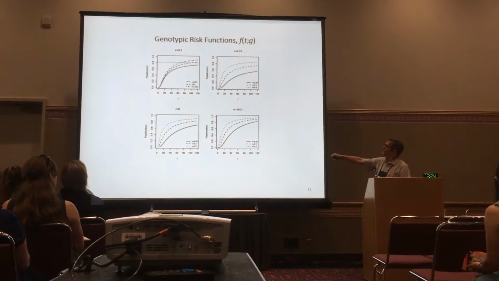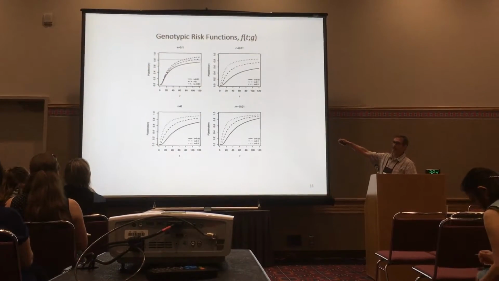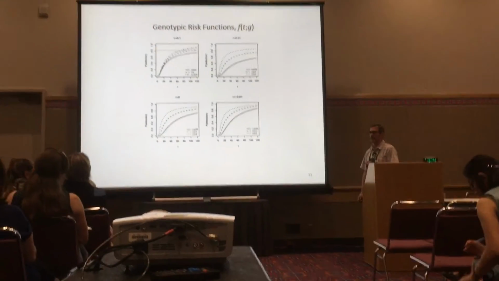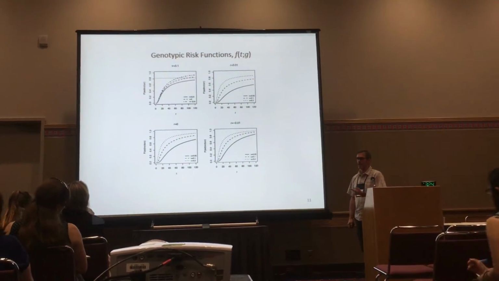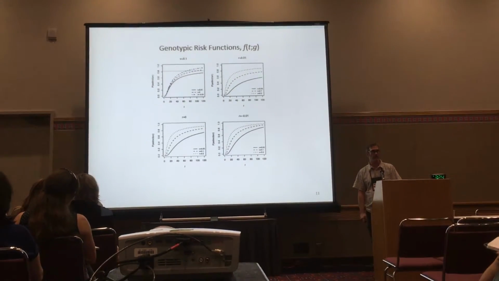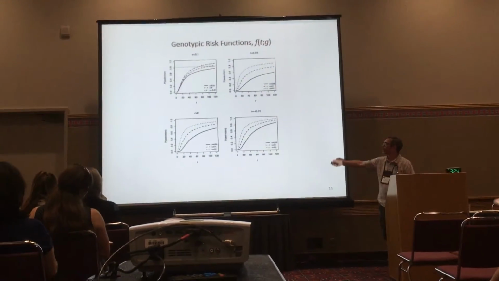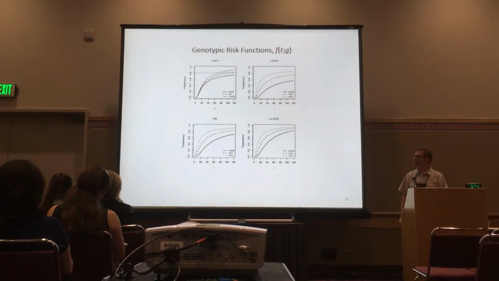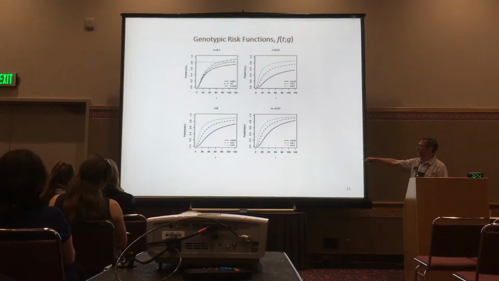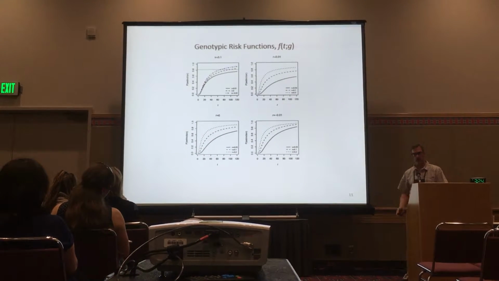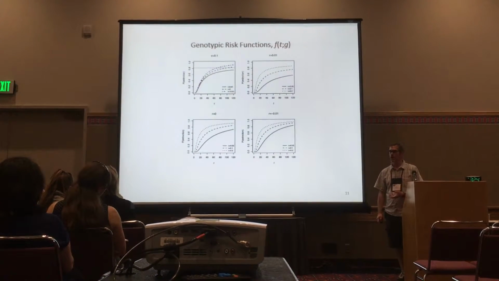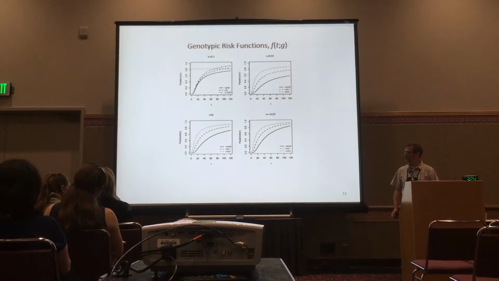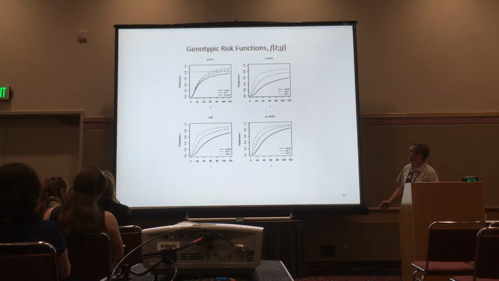Of course, the other thing I want to point out is this genotypic risk function is in essence a measure of fitness or adaptation in the context of extinction. And that changes over time. It depends on these parameters, the r and v that I talked about. But this is a way to measure what I'll call maladaptation when we're talking about how adaptive evolution contributes to longevity.